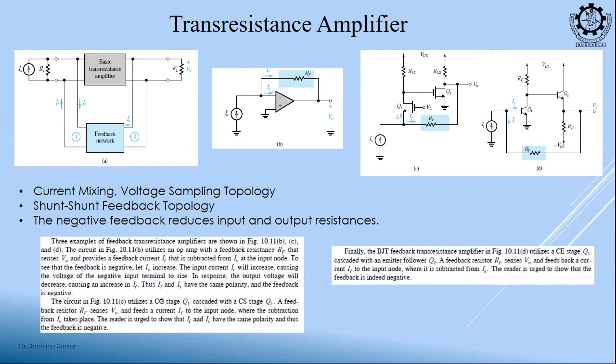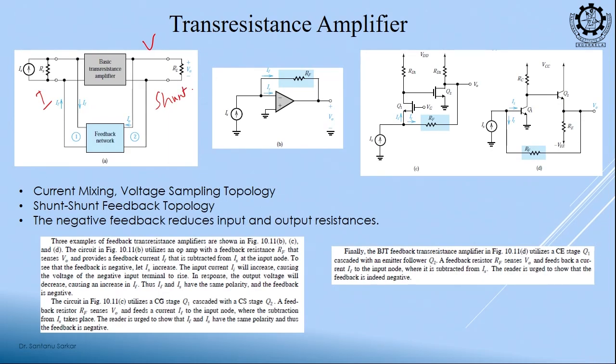Now, you can tell me what is transresistance? Resistance, what is resistance? V by I. So, output side is V, input side is I. If I want to take a portion of the output voltage without disturbing the output, same voltage, it should be in parallel, shunt.